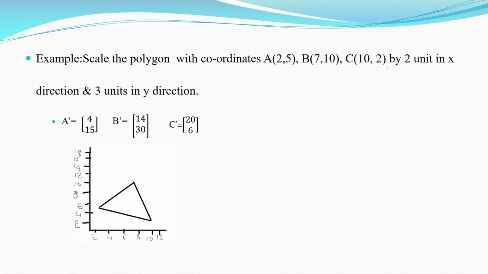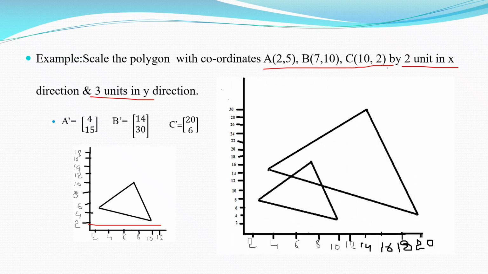And how did the scaling happen? This is your original one. This figure gives the original coordinates. By using 2 units in x and 3 units in the y direction, this triangle is formed as your scaling. So this is simple, and with the example we can easily solve the matrix.